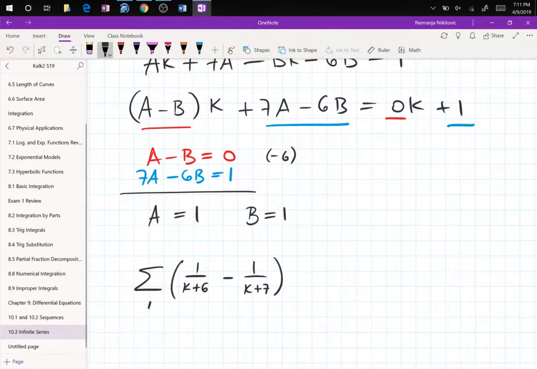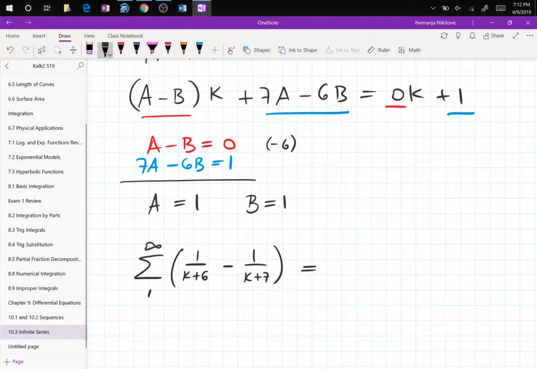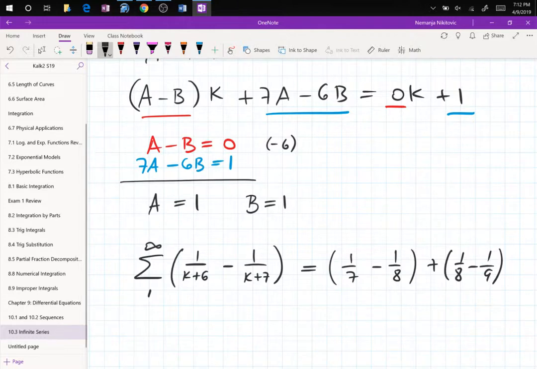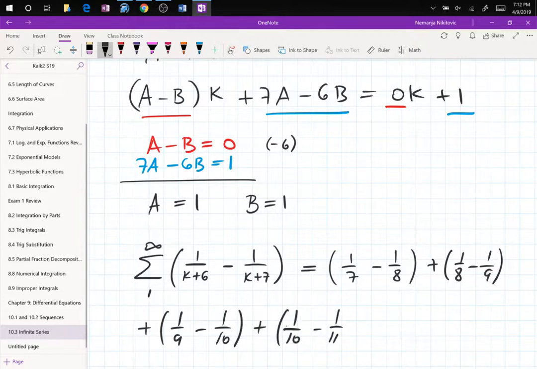We are starting at 1, going to infinity. So plug in 1. That's 1 over 7 minus 1 over 8, plus 1 over 8 minus 1 over 9, plus 1 over 9 minus 1 over 10, plus 1 over 10. Are we bored yet? Minus 1 over 11. Plus dot, dot, dot.